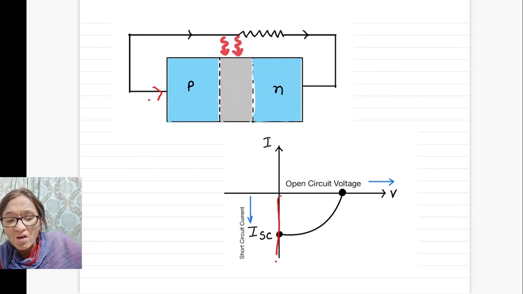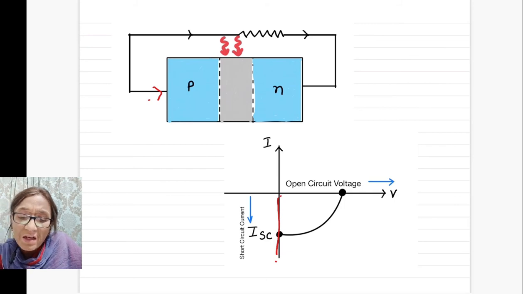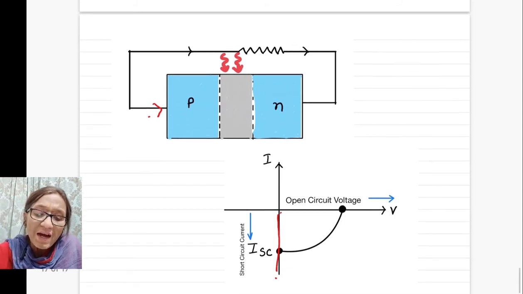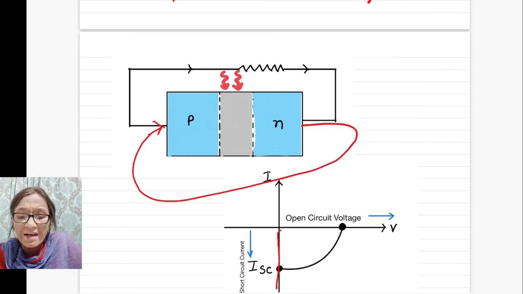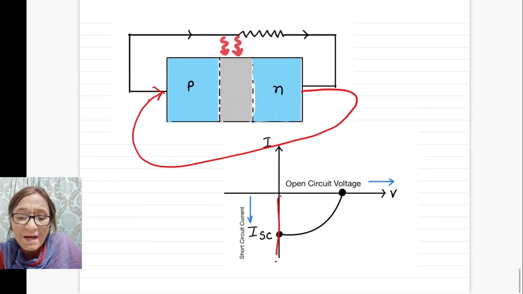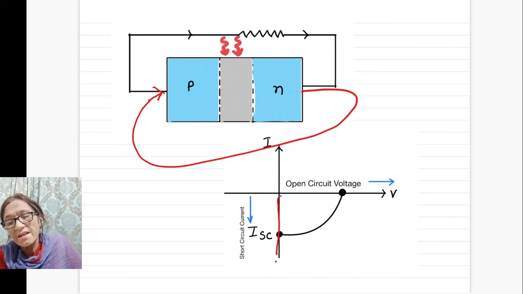And why short circuit? When you directly connect without any resistor, then current will be maximum. You know, in short circuiting, current is maximum. But in that scenario, voltage will become zero. Why does voltage become zero?